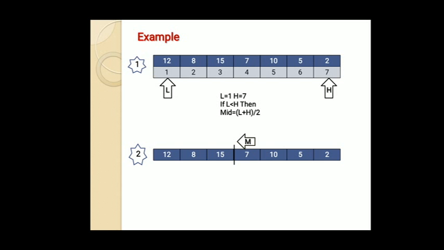Next, for the given halves, I have to apply the same thing and find the midpoint. Now L will be pointing to 12 and H will be pointing to 15. I have to divide this half of the array. In the further steps, with L as 1, mid will become 3.